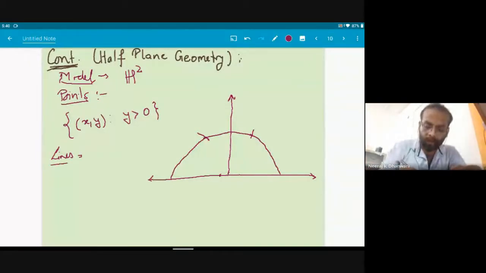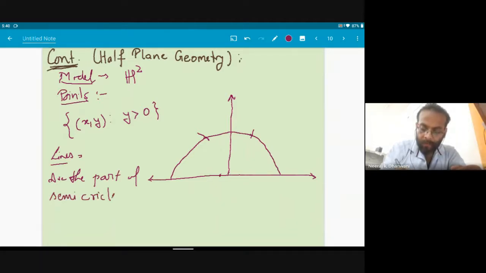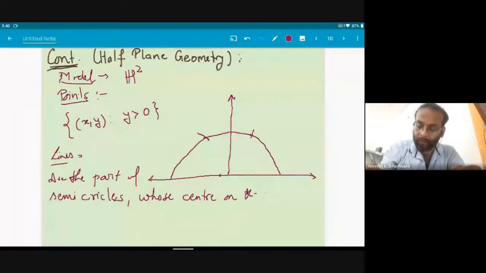So lines are parts of semicircles whose center is on the x-axis, which is (x, 0).